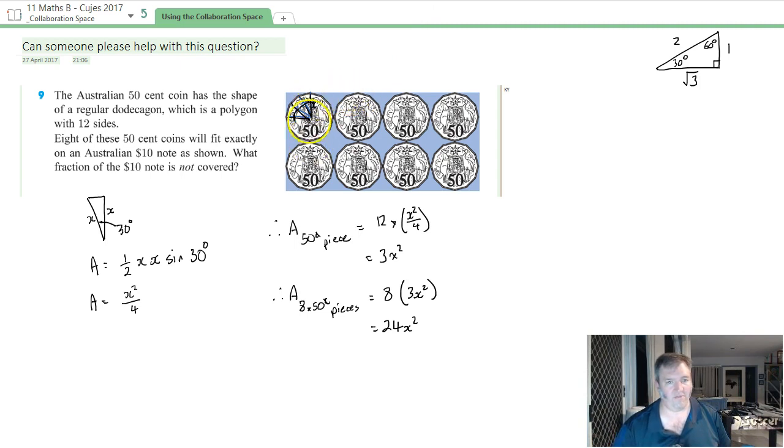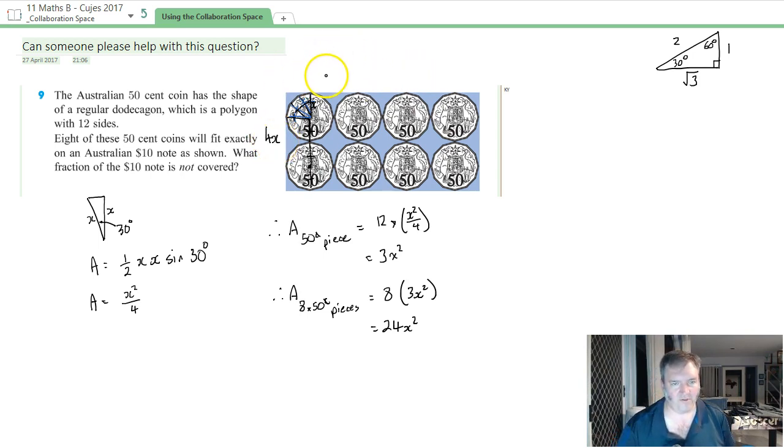So I've got the area of those in terms of x squared, but how does that compare to the area of the $10 note? Well, if that's x, let me have a look here. That also would be x, as would that value, as would that value. And as you can see, the height of the $10 note would be 4x. I think you can see where this is going.